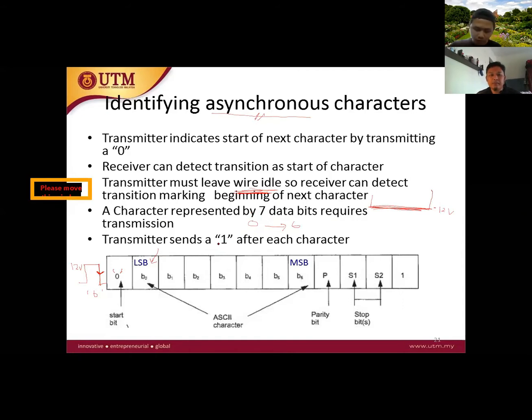And the transmitter sends a 1 after each character. After each character is basically the 1 after the stop bit.